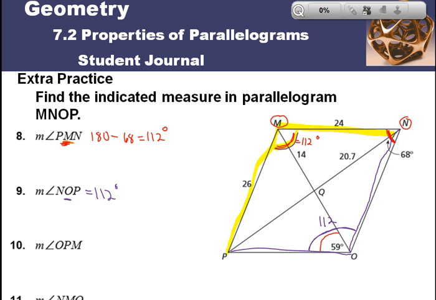And then we have angle OPM. And OPM is this angle right here. I'm going to do this one maybe in green.